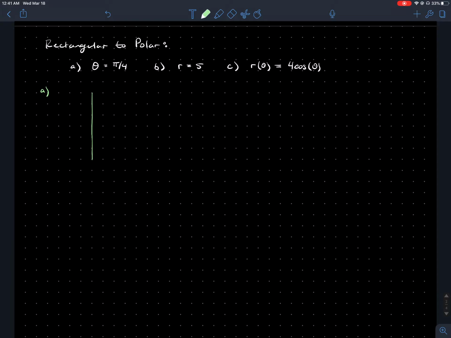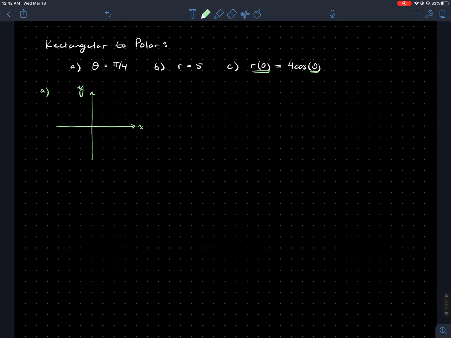This is A. We can just plot it out and we can say X, Y. Note that your radius is usually the output. So if you look ahead to part C, your radius is a function of theta. So theta is your input and radius is your output.